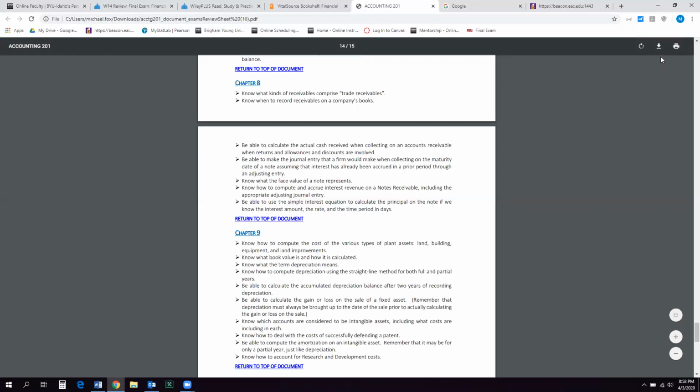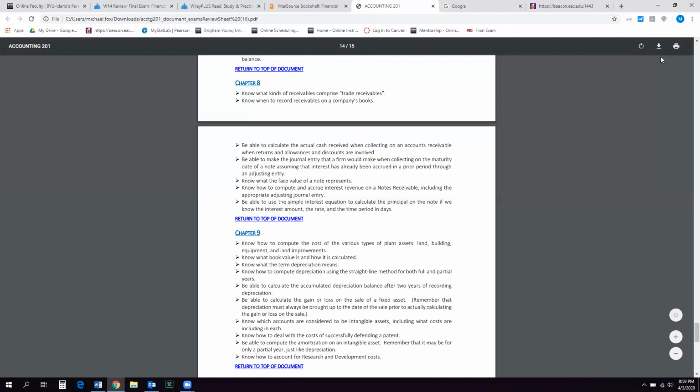The second one is know when to record receivables on the company's books, and that's pretty straightforward. If I perform a service for you and you're not going to pay me until later, I go ahead and record the revenue because I've earned it. That's my credit, and then my account receivable would be my debit. If I'm selling goods to you, it's at the time I transfer the goods to you.